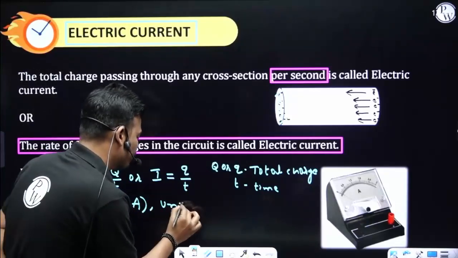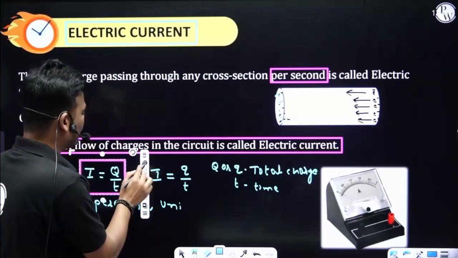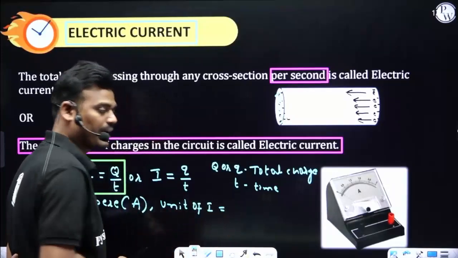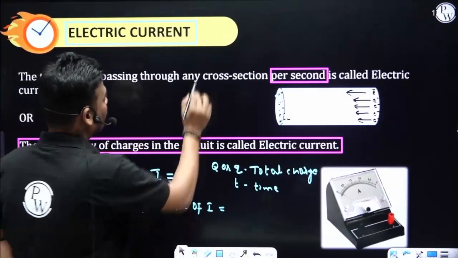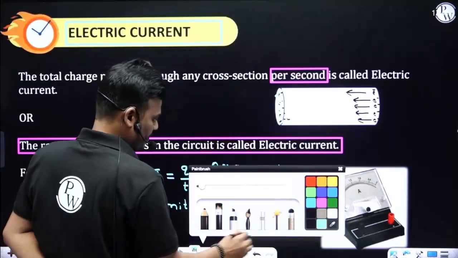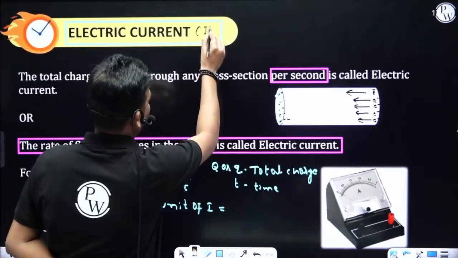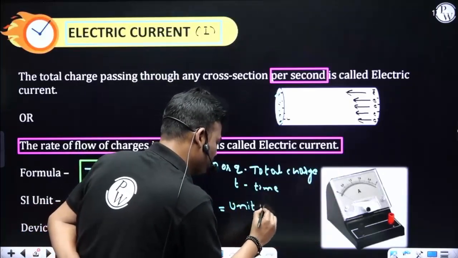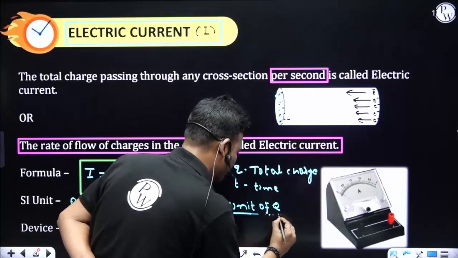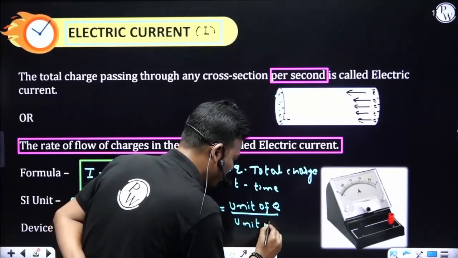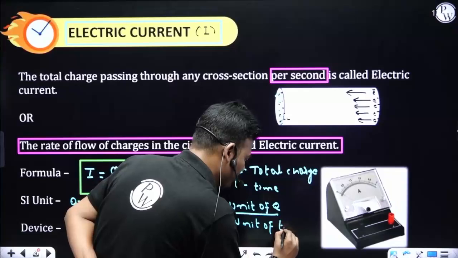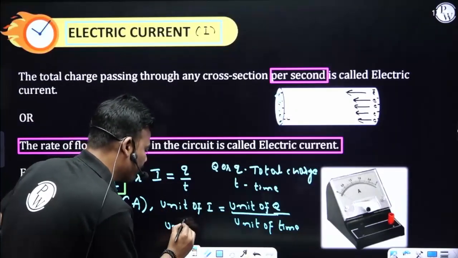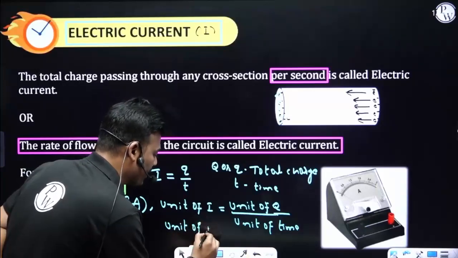If I consider this formula, let's consider this is the mathematical formula. According to that, unit of current, I means current, right? So here, let's represent this current as I. Now, unit of a current equals unit of a charge divided by unit of a time, SI unit of time.